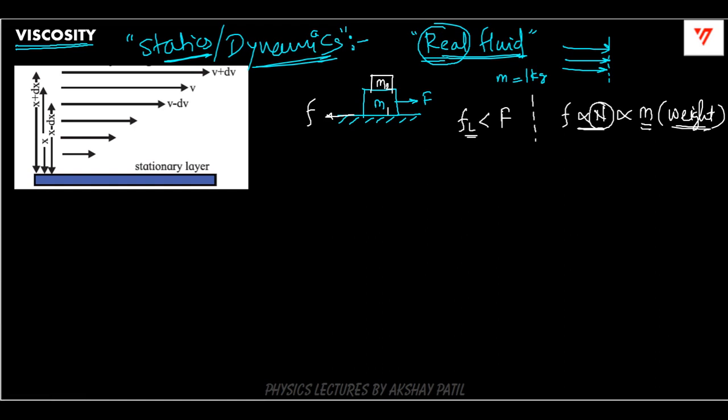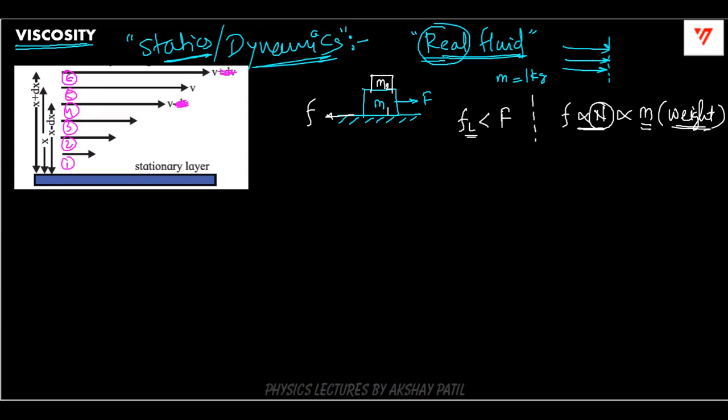Let's say here I'm showing some layers of the fluid. This is layer 1, second layer, third, fourth, fifth, and this is sixth. Let's understand from the very basics.